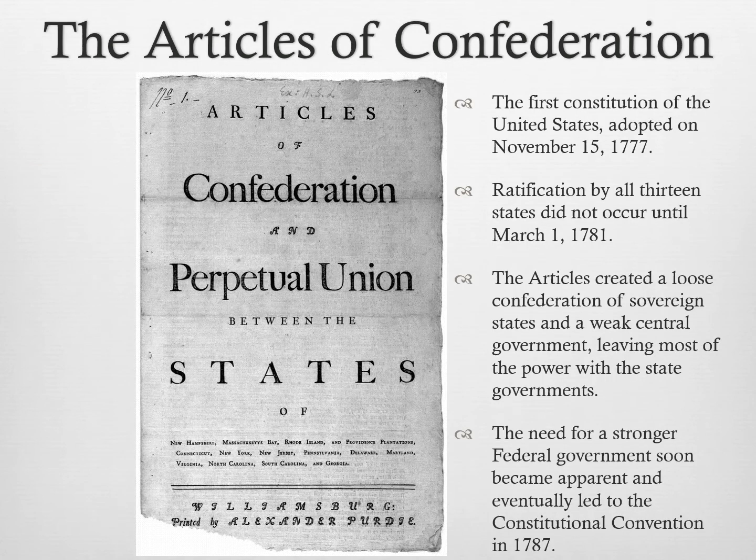So we just spoke about state governments. Now we're going to look at the Articles of Confederation, which is going to be adopted in 1777. Congress is going to remain the only central institution of national authority.